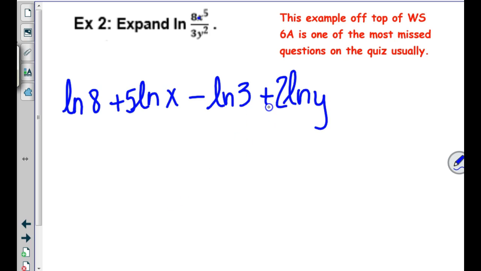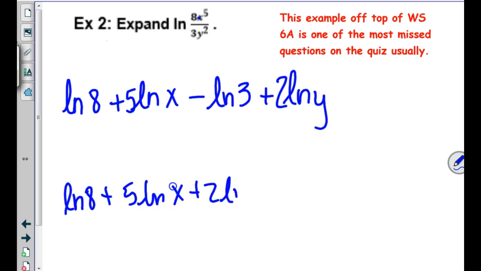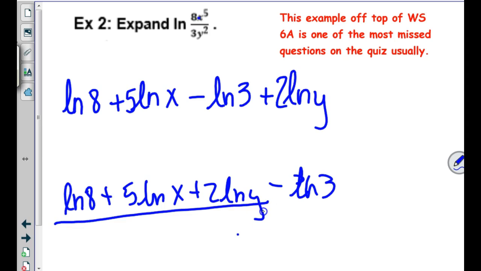As an addition problem, I could do that in any order I wanted, right? So it would be okay for me to go, then we have to fix it. Because right now it's okay for me to do it in any order I wanted. So these three things would all end up in the numerator.